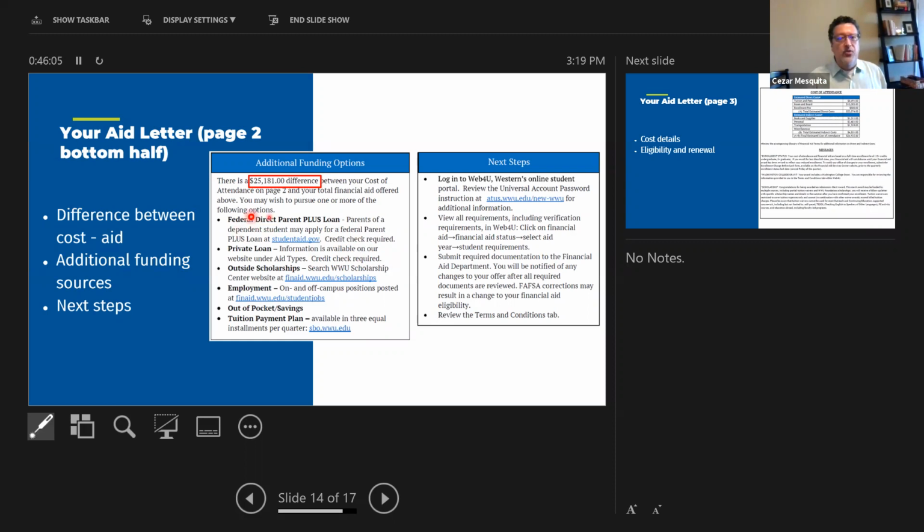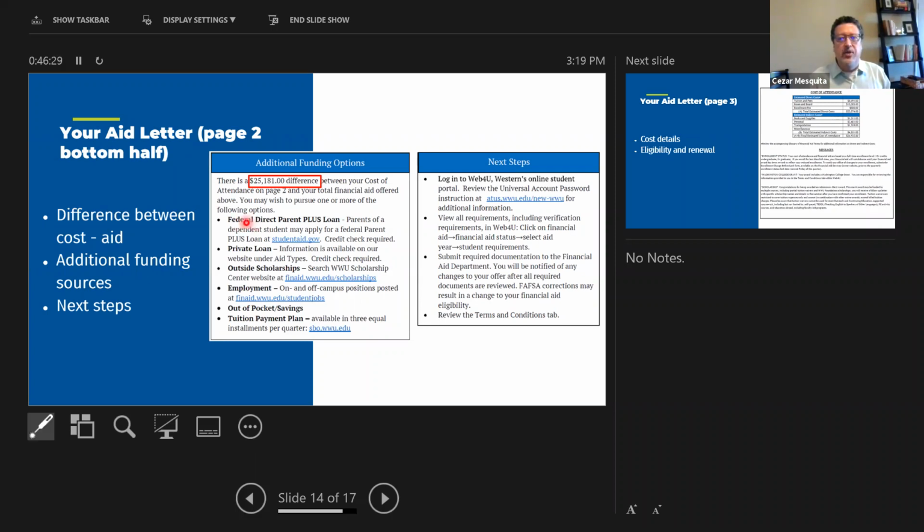So it is eligible for students to apply and receive, but it's not a guarantee. So do keep that in mind. That's one of the reasons why Western does not feature the PLUS on the aid listing at the very top of page 2, because it does come with that risk that if your credit needs a little bit of work, you may not be eligible for that as part of this funding package, right?